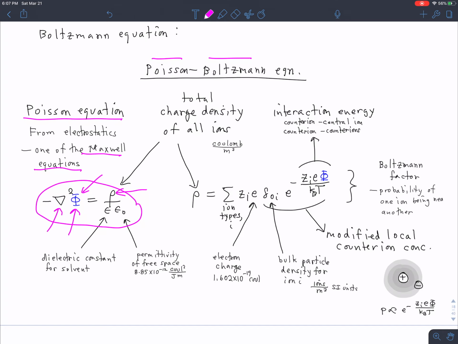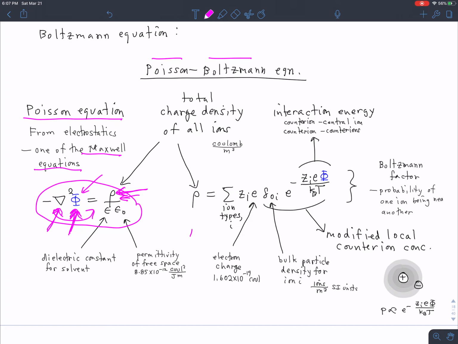So you take this del squared operator on this potential function, and you get out the charge density, or working backwards, you start with the charge density, and then you can solve this, what amounts to a partial differential equation, in order to get the potential. Either way you can go. So far, that's just electrostatics. There's nothing Poissonian about it. There's nothing Boltzmann about it.